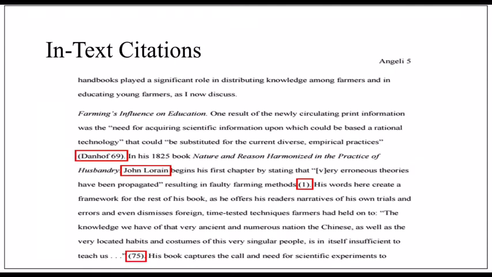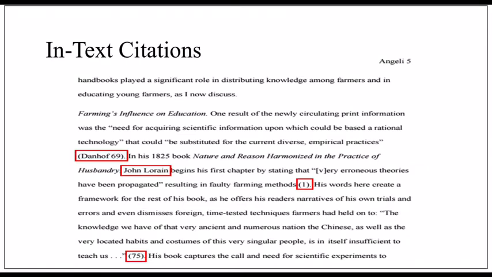There's good explanation of what's happening, and the quote's used properly. At the end of it, we have this parenthetical citation that says Dan Hoff 69. What that tells me is that this is a book, and on page 69, you will find these direct quotes word for word from that page in this book. And I want you to pay attention that the period goes on the outside of the parenthetical citation.